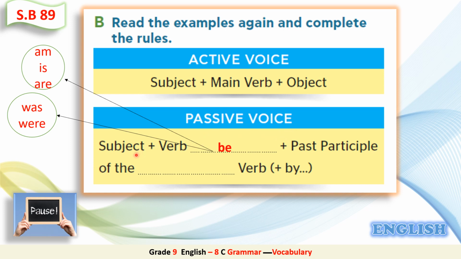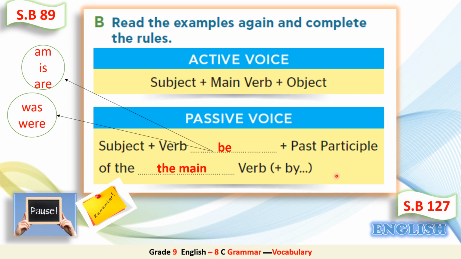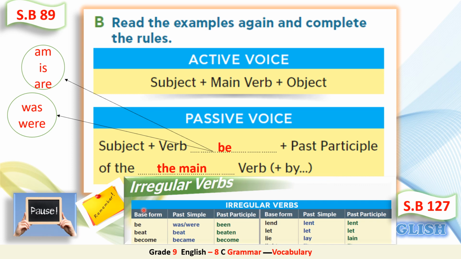So in passive voice sentences, we use subject plus verb to be, one of these. Then we use the past participle of what? Very good. The past participle of the main verb. Then we can use by plus the agent. Now, what I want you to remember, you can find a list of the irregular verbs in Students Book, page 127.